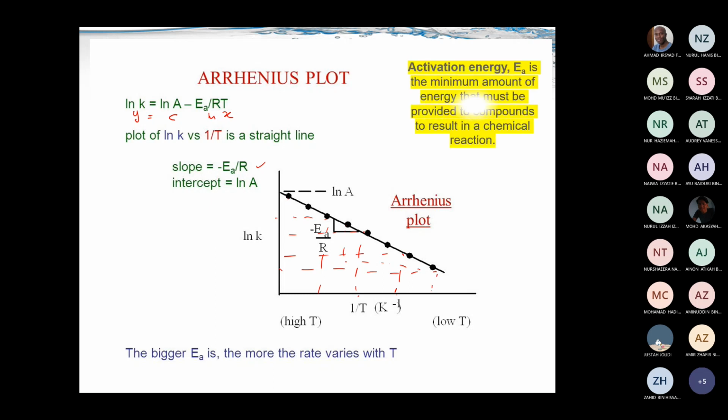Okay, so activation energy, which is EA, is defined as the minimum amount of energy that must be provided to compounds to result in a chemical reaction. So this activation energy, the constant has to overcome it in order to lower the barrier. Like this. Usually we want to lower it so that the reaction can occur easily.